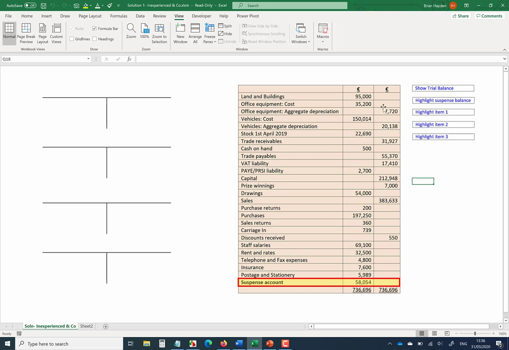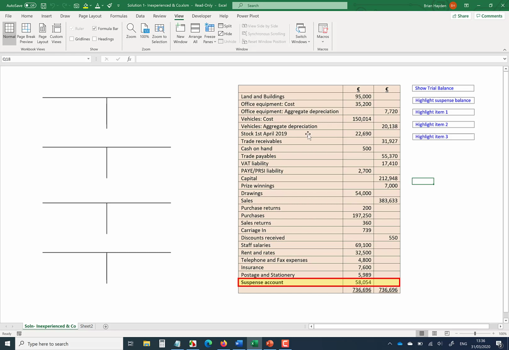So it's a liability and it is correctly on the credit side. So CLIC, credit for liabilities, income and capital. Vehicles cost, much the same as office equipment. That's an asset. They are fixed assets, they go on the balance sheet, and they are correctly on the debit side. And aggregate depreciation, again, as before, it's a special type of liability, so it's correctly on the credit side.